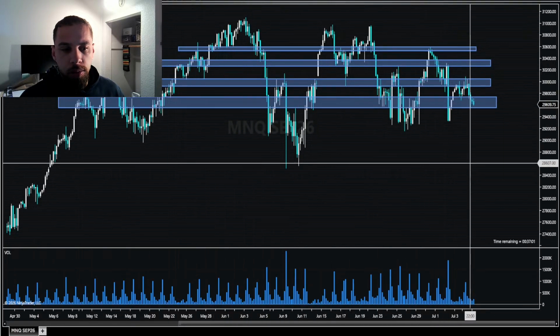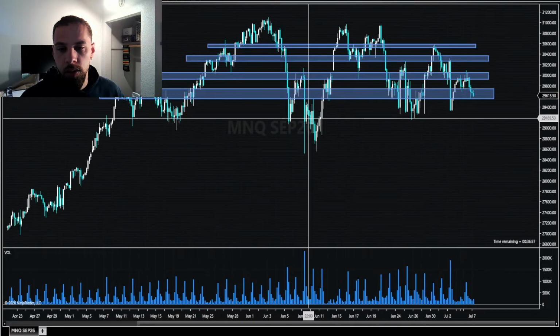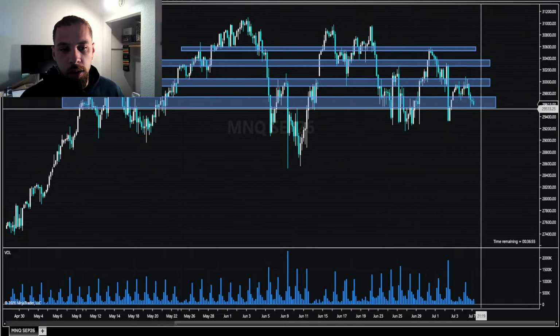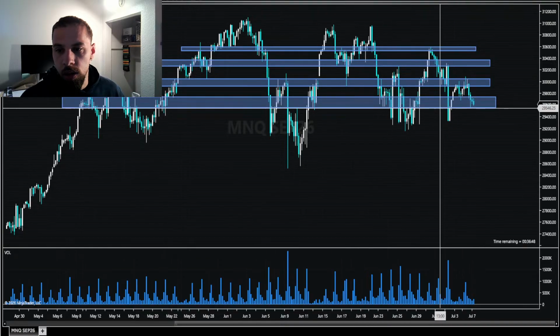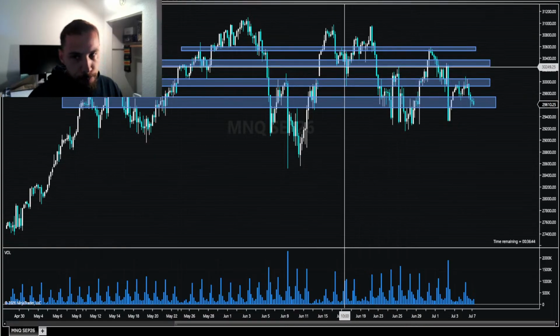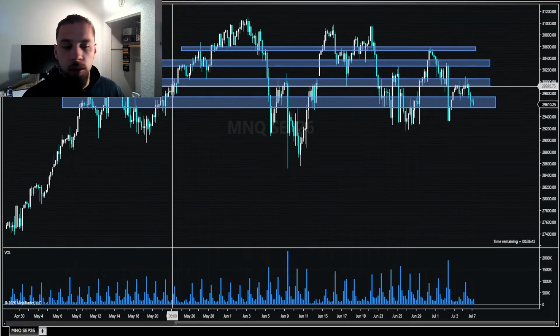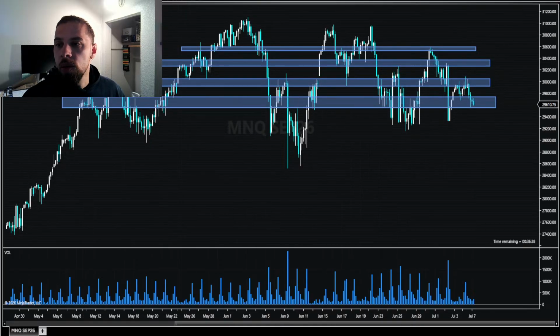Currently, where the price is and where we are in terms of market structure, it's still very much just sideways price action here. Nothing really exciting going on or worth trading, I should say, unless there's an obvious opportunity setting up. We're kind of just floating back and forth.